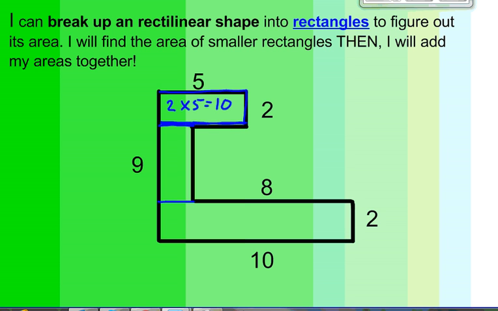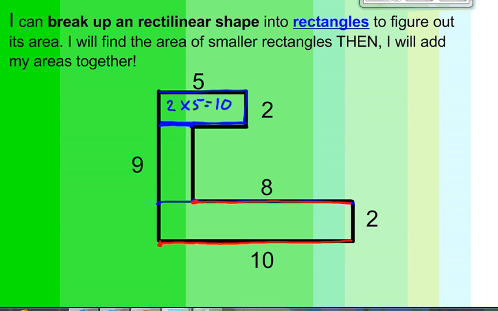Then I need to look at my next rectangle. I know from here to here, I need to be careful. That is a measurement of 8. I'll make that clear with a different color. From here to here, that's 8. But I need the whole width of the rectangle from here all the way to here.